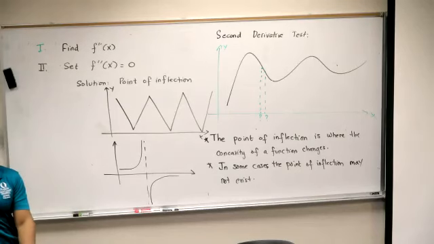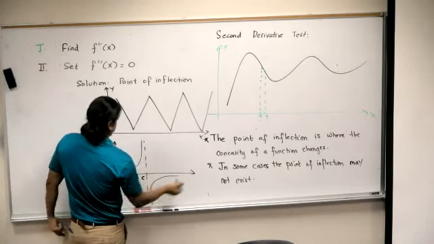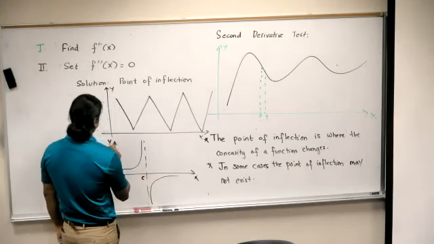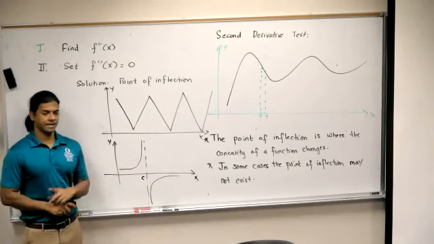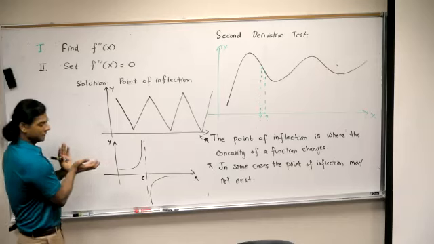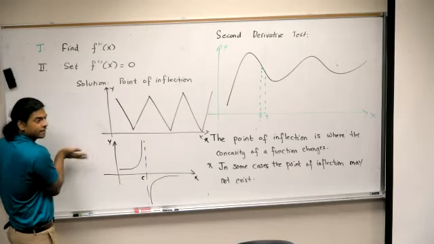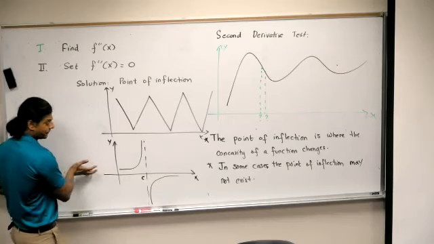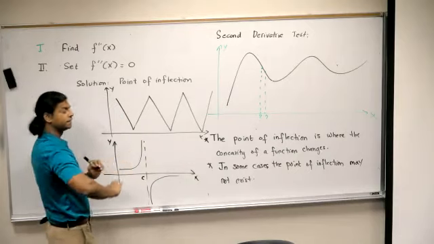What type of discontinuity do we have? Infinite discontinuity at that point. I'll just call it C. What happened to the concavity? It's partially opening, but sort of is going this way, right? So it's open up over there, and it's going that way, open down.